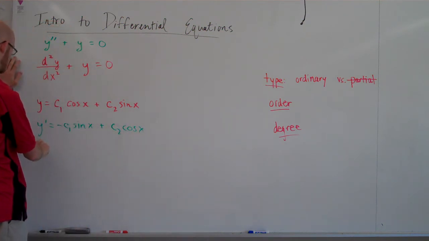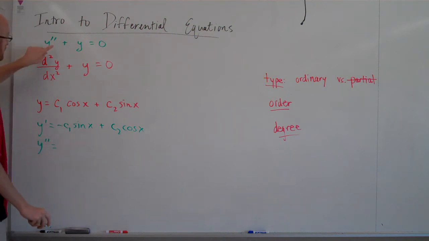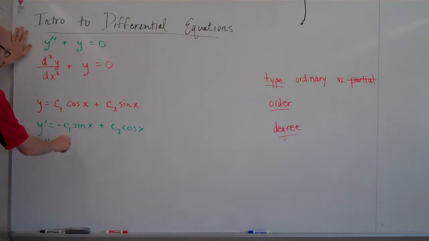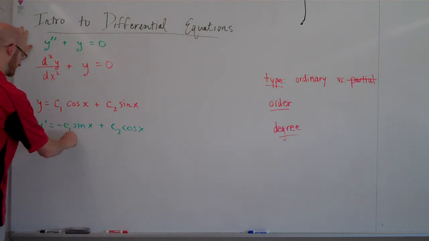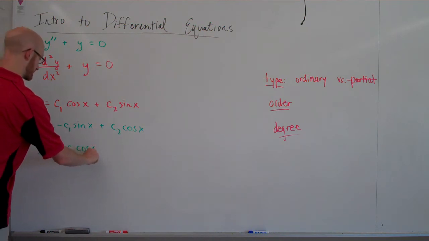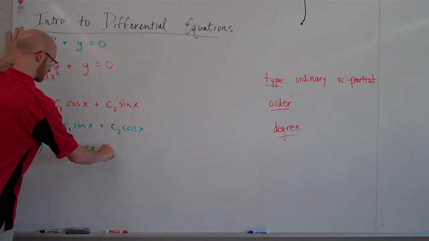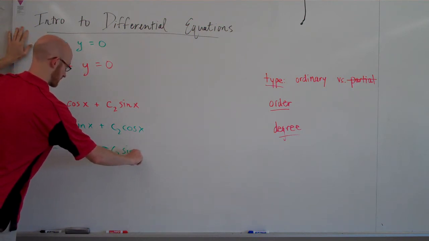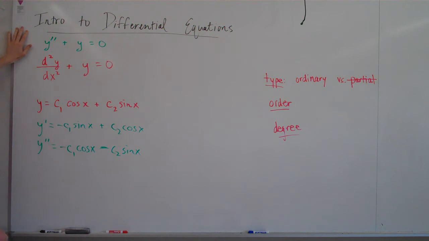And of course, our differential equation involves the second derivative. So we could calculate the second derivative. That will be negative C1 cosine of x minus C2 sine of x.